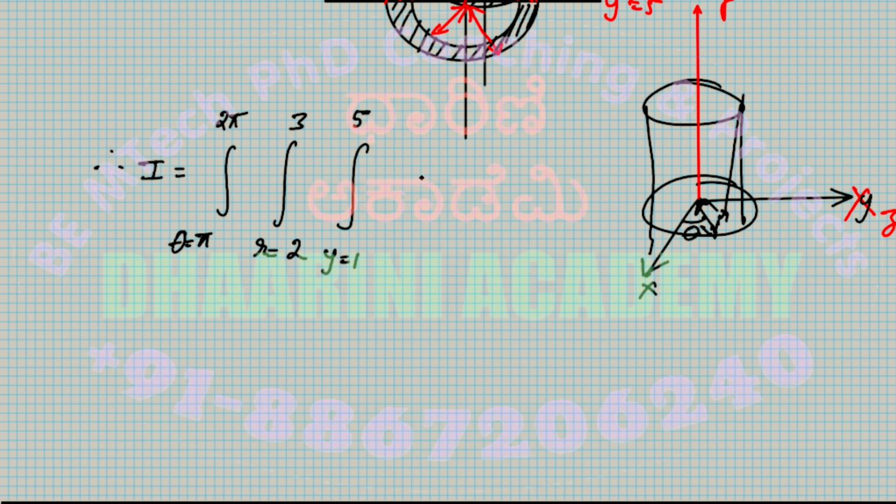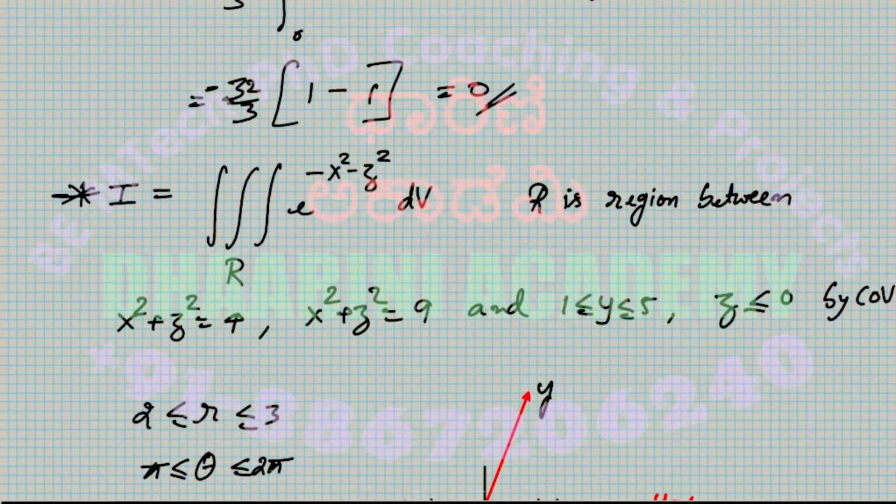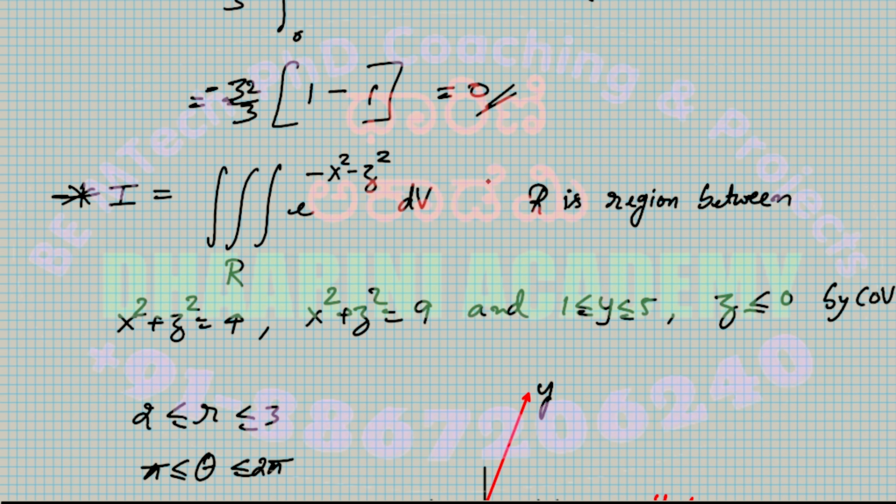So in the equation, wherever you have y, you retain y, and the others you change accordingly. For this problem, x is equal to r cos theta, and z is equal to r sin theta. That's all. The given equation is e to the power minus (x square plus z square). Now you understand why they have given x square plus z square.